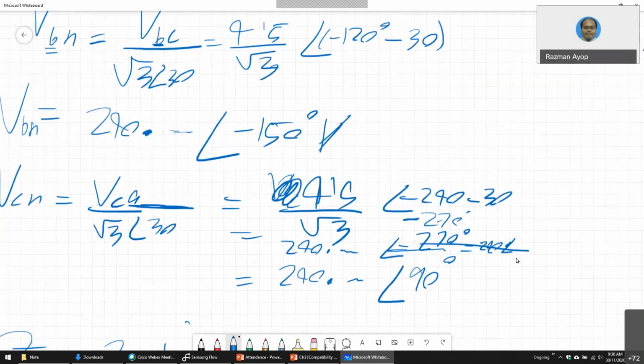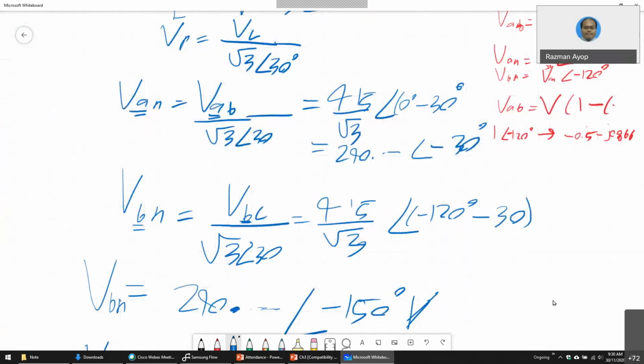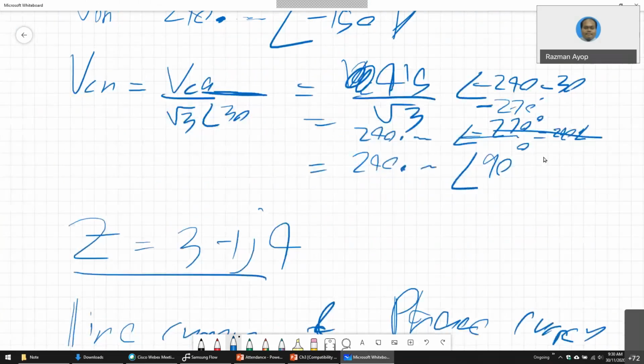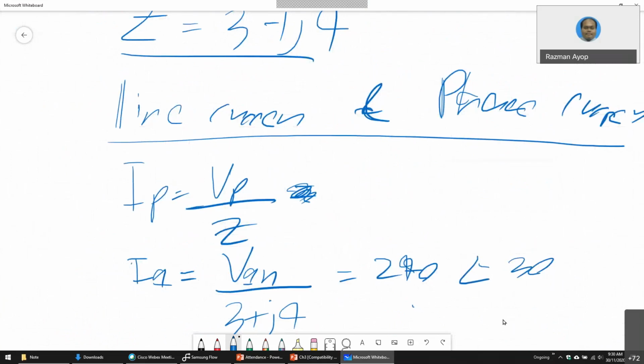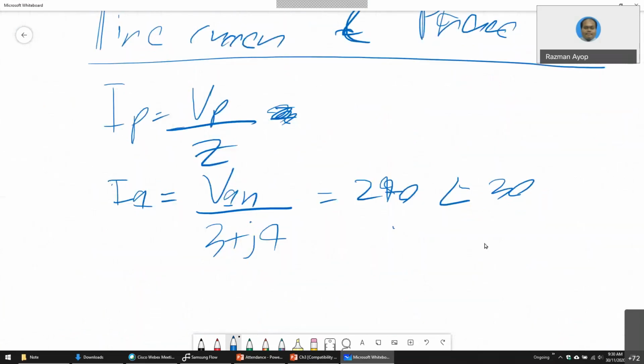Check back your answer. So IA is VAN, 240 angle negative 30, divided by 3 + j4.